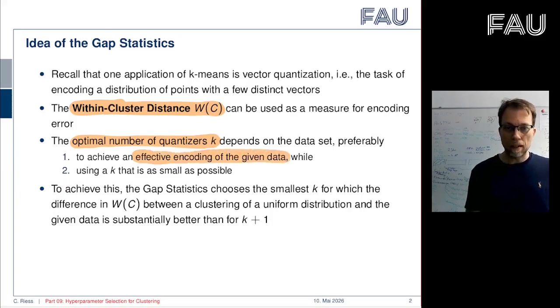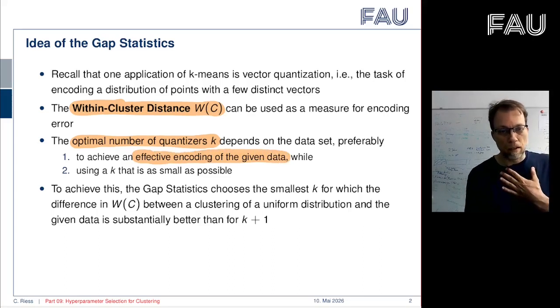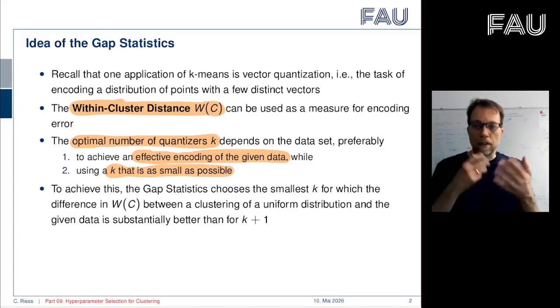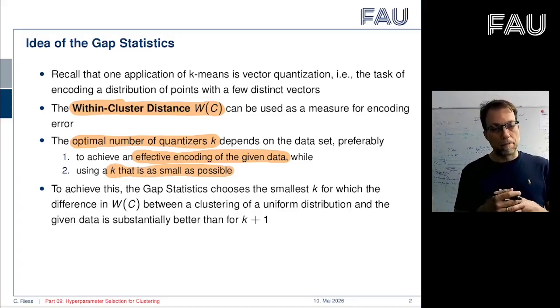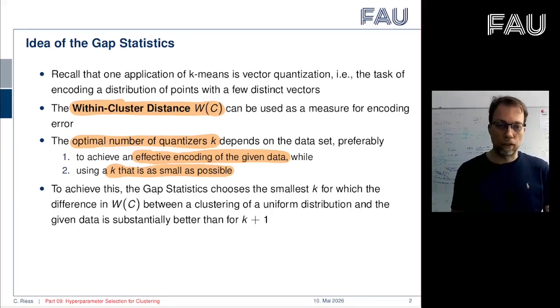But in particular, also we want to have a small k, a k that is as small as possible, because otherwise it's a trivial task. We can just say every data point ends up in its own cluster, but this, of course, is a bit pointless.